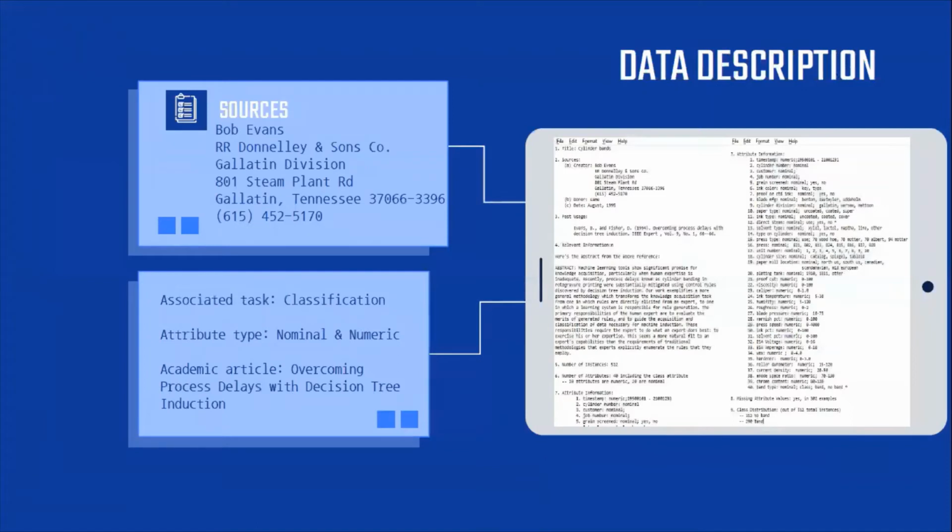For our data description, we get the source of our data from Bob Evans, Ardonelli and Sons Co., Gallatin Division, from Gallatin, Tennessee. Our data is associated with the task of classification, and it consists of two types of attribute, which are nominal and numeric. The related article for our dataset is Overcoming Process Delays with Decision Tree Induction.